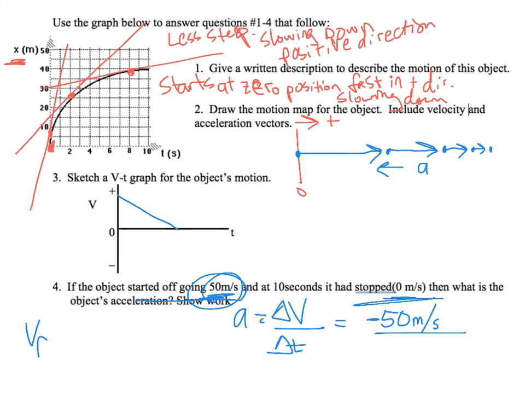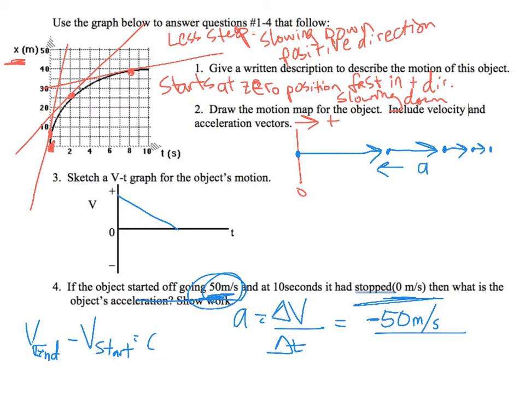It's end minus start. Isn't that always how we said it before? End minus start. The velocity at the end minus the velocity at the start.